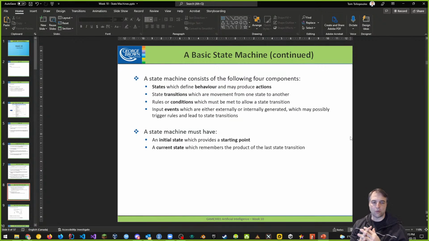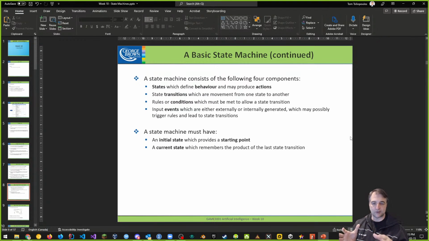State machines have 4 different components, and the first thing is actions. They produce some kind of behavior, which is the action itself. The second thing is some kind of transition, almost like a connecting line between the current state they're in and other connected states, other things that they can go to. The third thing is some kind of rules or conditions that allow us to change state.